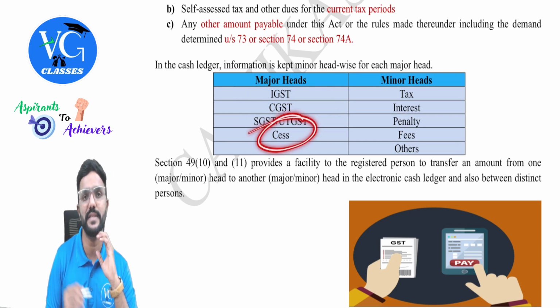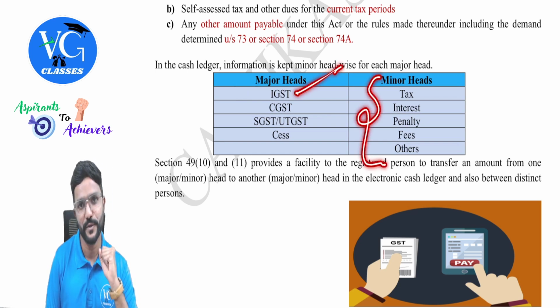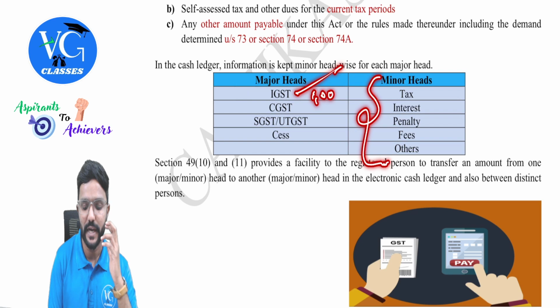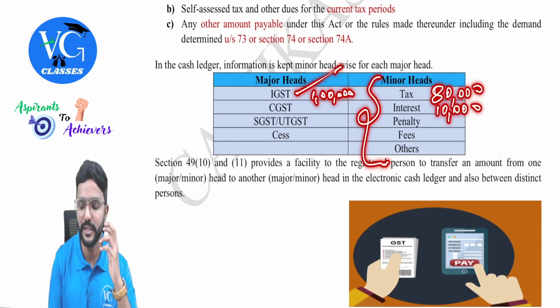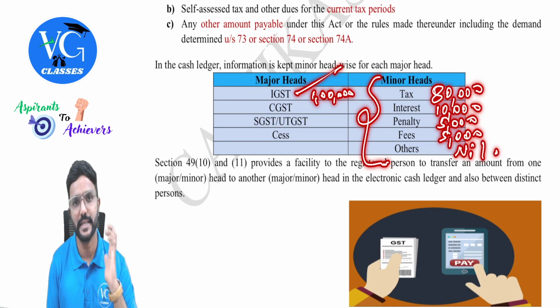The last one is cess. And under each major head, we will have 5 minor heads. So when I am depositing, assume I am depositing 1 lakh under IGST, I need to tell how much is under tax minor head, how much is for interest, how much is for penalty, how much is for fees. Each amount I need to mention. Is that clear? Yes, sir.